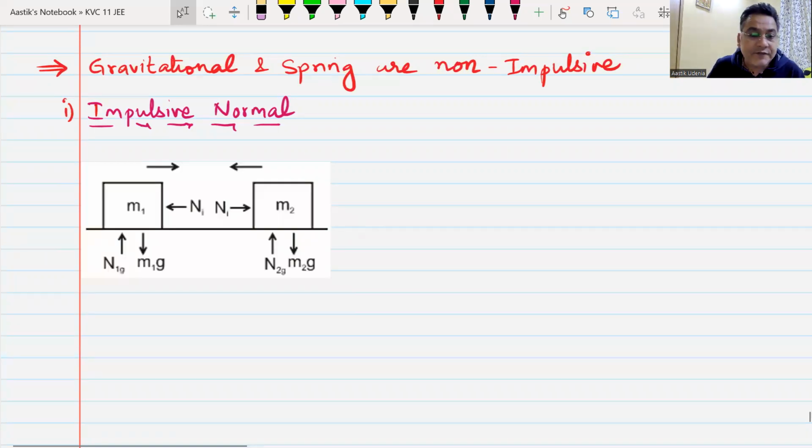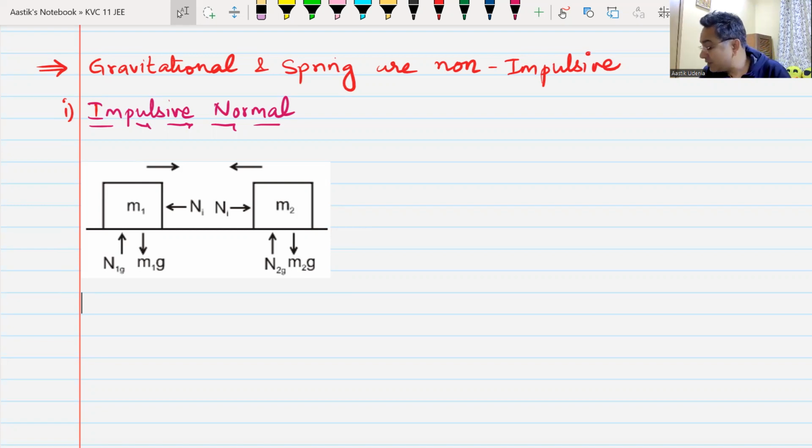Two bodies, M1 and M2, are moving towards each other and they are going to have a sharp impact between them. As you can see, there are three normal forces acting. One is the normal force between the two bodies which are colliding. The other two are normal forces coming from the ground.